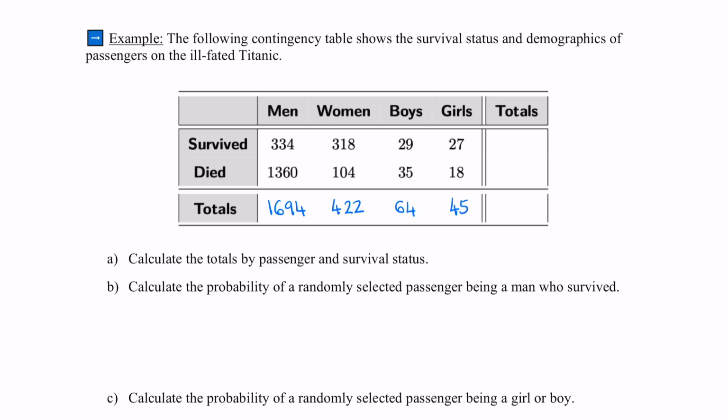For the row totals, for survived, we take 334 plus 318 plus 29 plus 27 equals 708. For the second row, we take 1360 plus 104 plus 35 plus 18 equals 1,517.